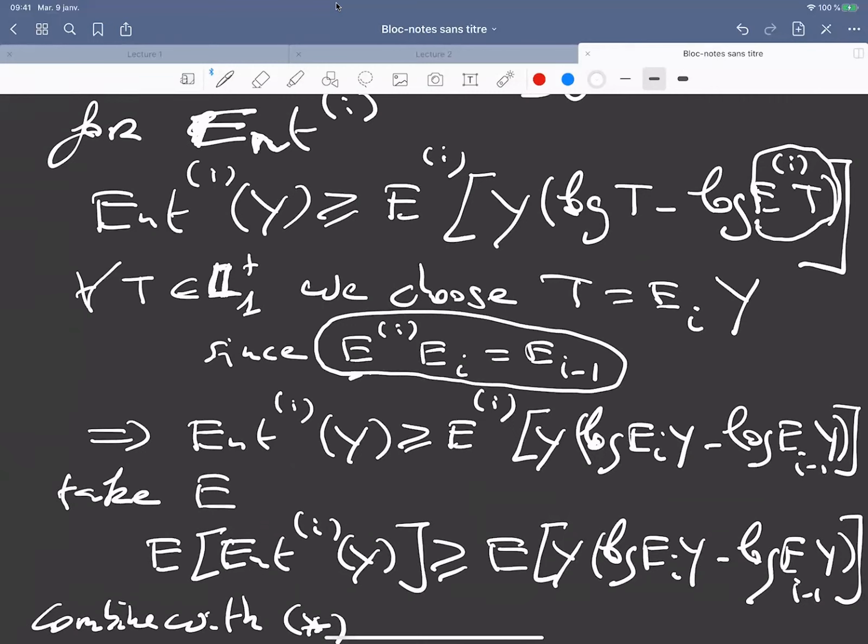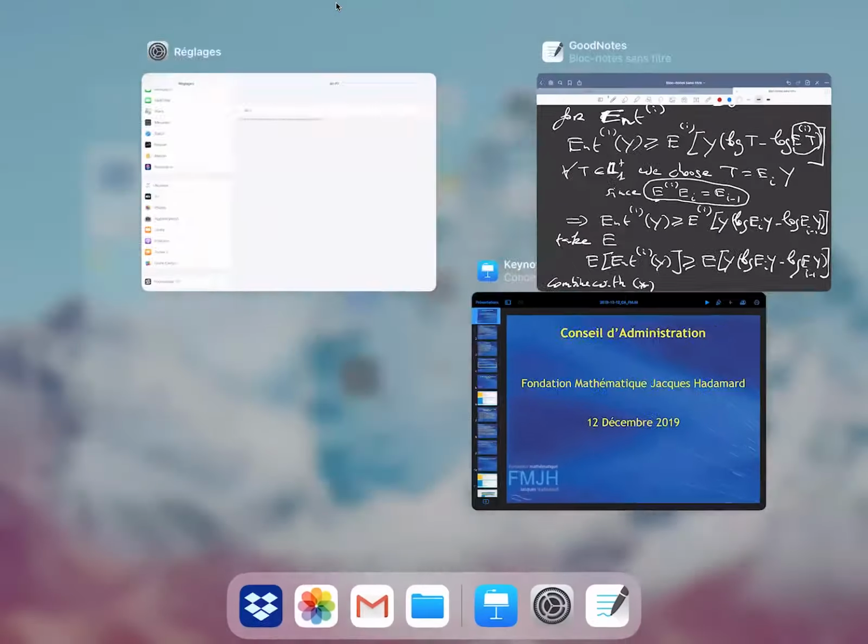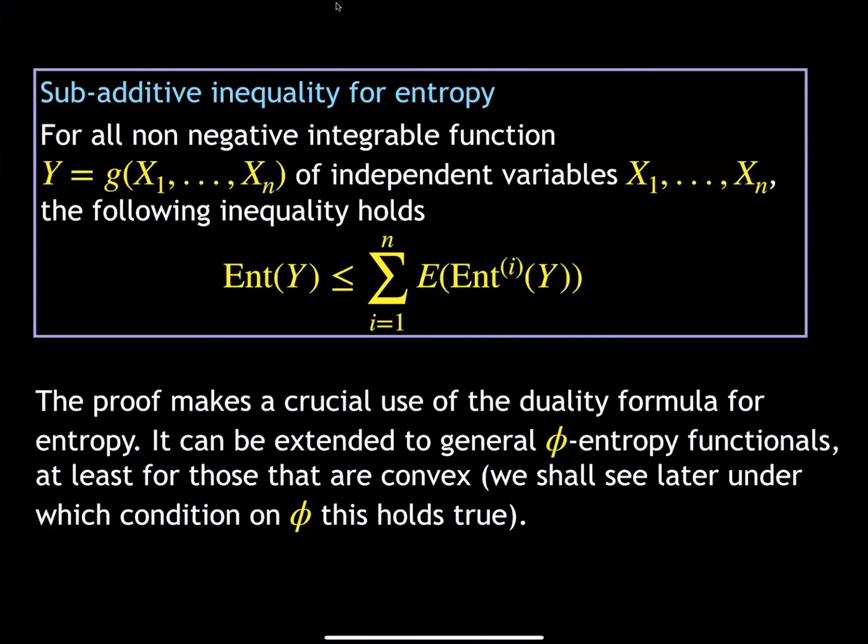And this is precisely the thing that we wanted to prove, because we wanted to prove that the entropy is less than the sum of these quantities here. So the proof is over. So you see that the duality formula directly implies the subadditive property for entropy.